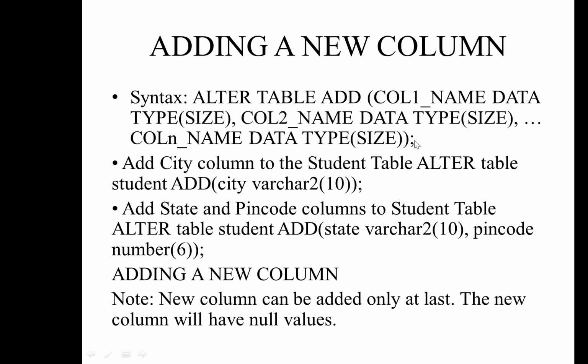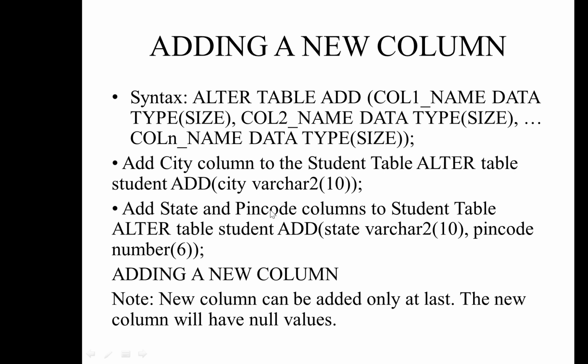So we have created student number, student name, marks. There are 3 columns in the student table. If you want to add one more column called city, we give the command: alter table student add city varchar2 of 10, closing parenthesis, semicolon. By using this syntax, we can add one more column called city to an existing table.